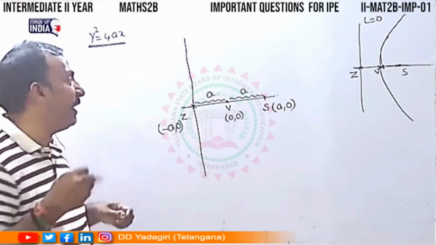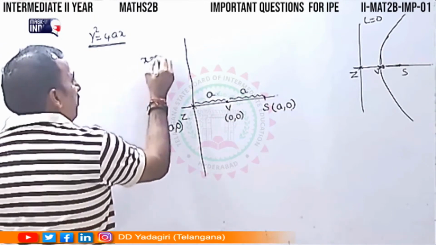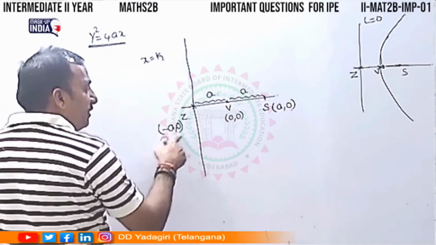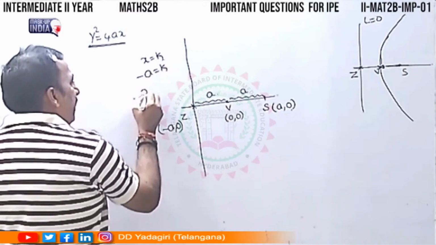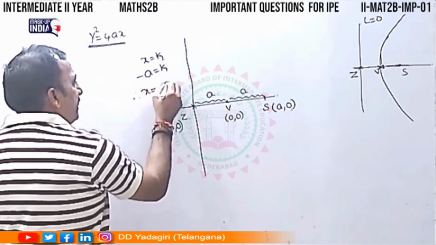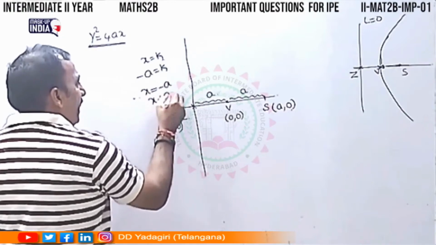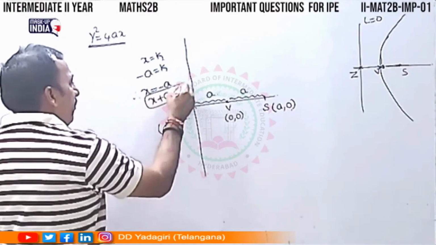Any line parallel to the y-axis is x is equal to k, but it is passing through (minus a, 0). Minus a is equal to k. Therefore, the directrix is x is equal to minus a or x plus a is equal to 0.